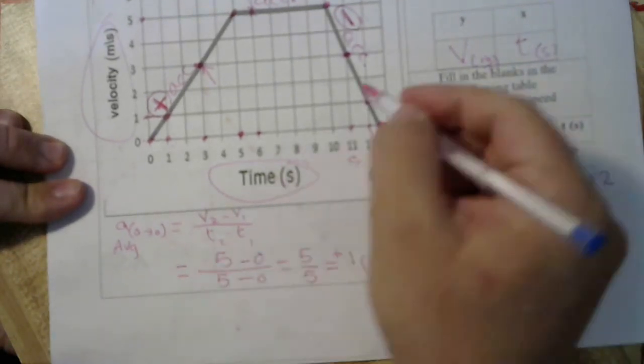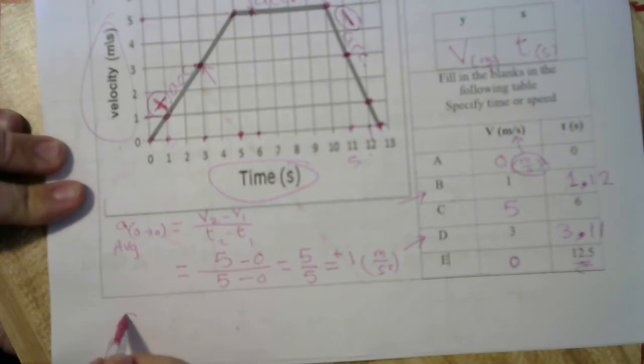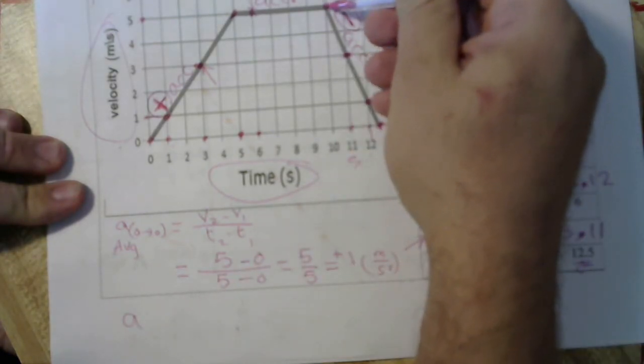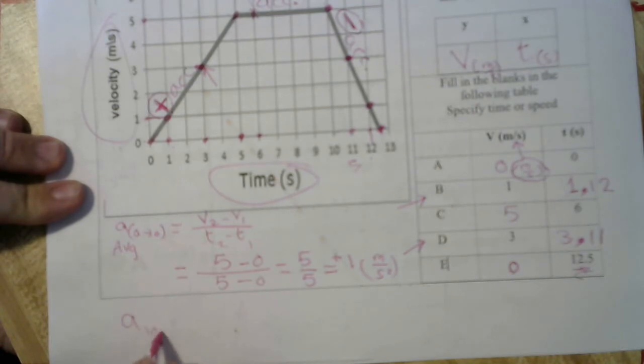Okay, in this period, I will take these 2 points. Acceleration from 10 to 12 and a half.